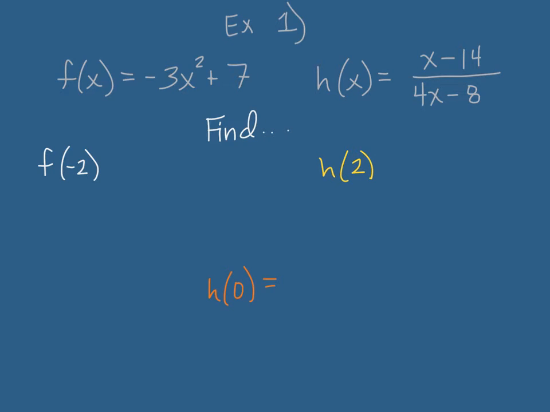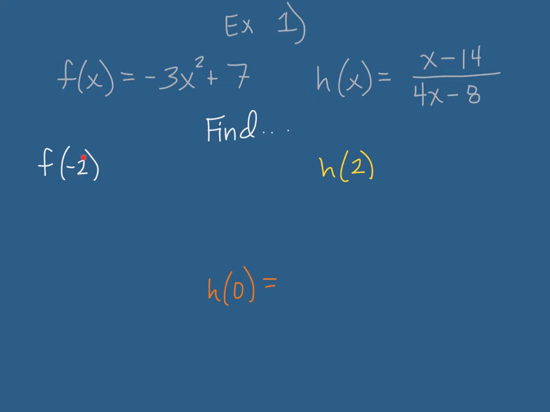Okay, in this example, we're going to be dealing with two different functions, and I titled the first one f and the second one h. In our first one, we're going to be using f, and we're going to plug in -2. So we want to evaluate the function f of x at -2.